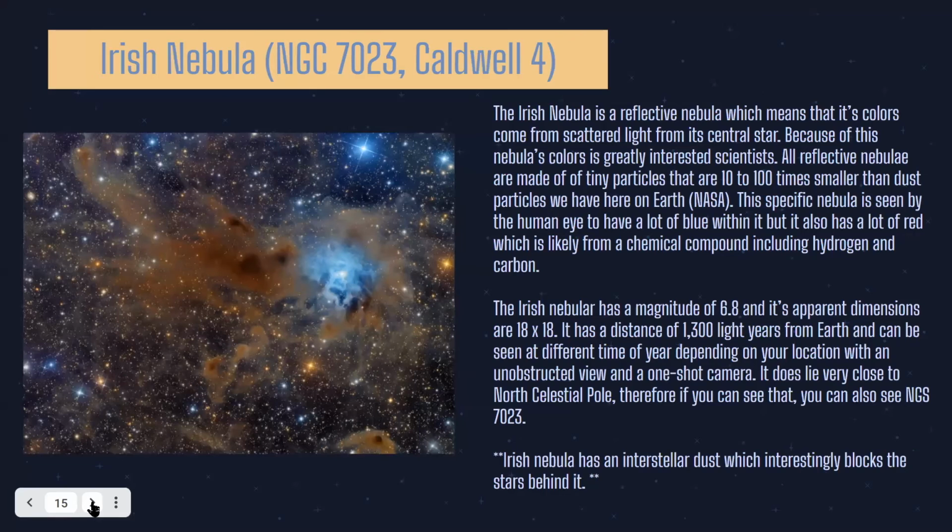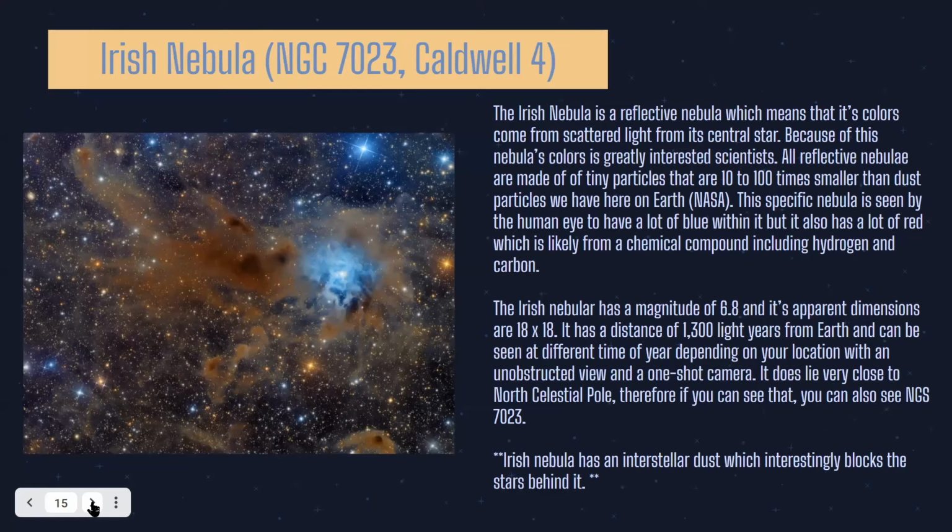Then we have another NGC object, again because Cepheus does not have any Messier objects. This is the Iris Nebula. It looks so cool, with so many different colors. The Iris Nebula is a reflection nebula, which means that its colors come from scattered light from its central star, as you can kind of see in the picture to the left.